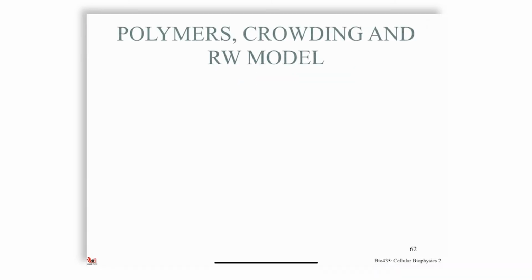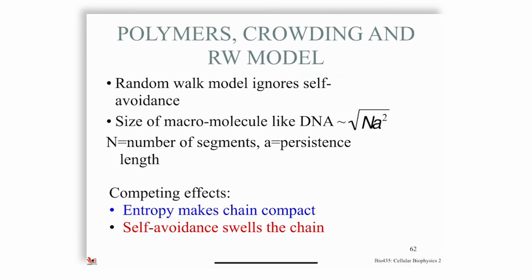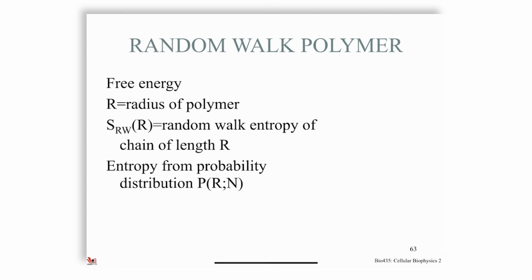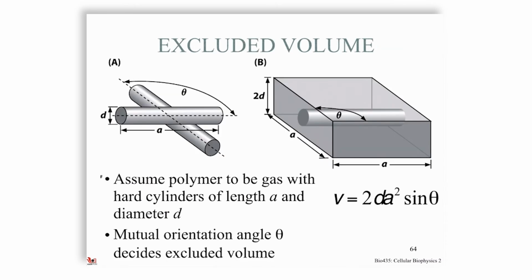So if we consider these things, then we probably need to revisit our random walk model for a more realistic scenario, and that involves a so-called self-avoiding random walk, which considers the excluded volume interactions and is based on simple geometric arguments of these rods, where the angle between two rods is theta and a is the persistence length or the minimum rod length.